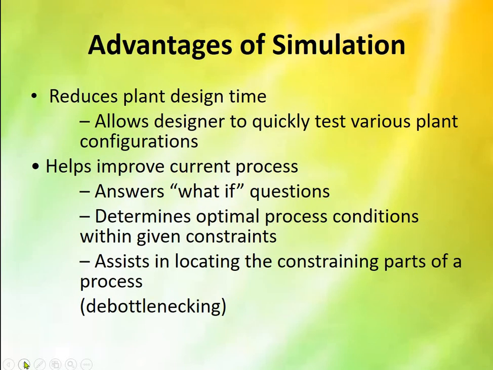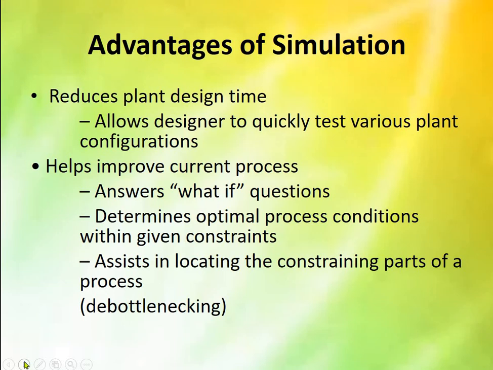Now what is the advantage of flowsheet simulation? One big advantage is it reduces the plant design time. How? It allows the designer to quickly test various plant configurations in his simulator, on his desktop, and from various design possibilities he will find out which one is most profitable or which one is most effective.